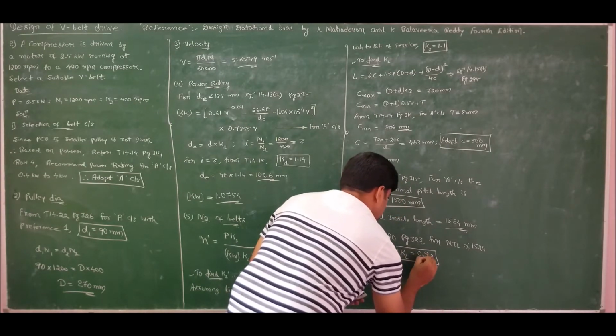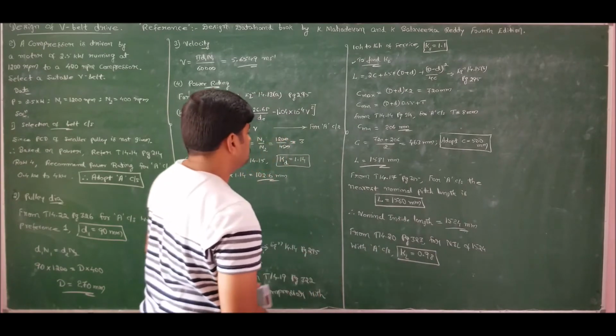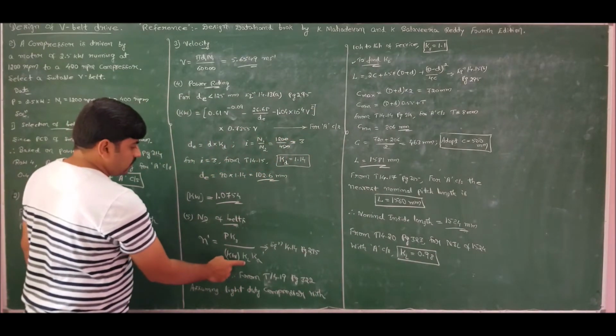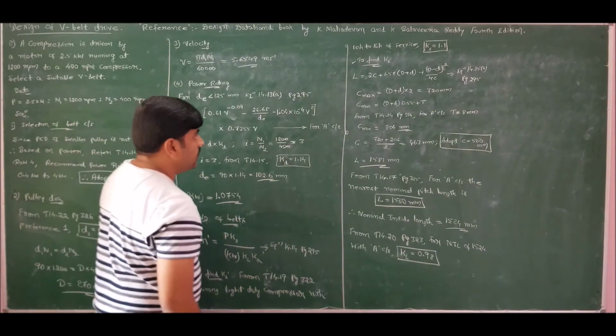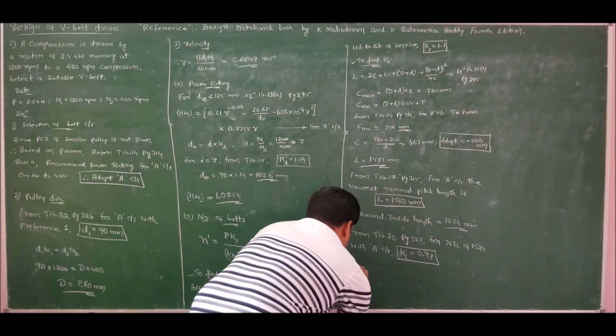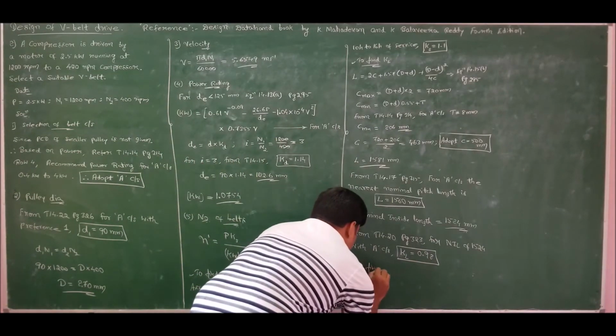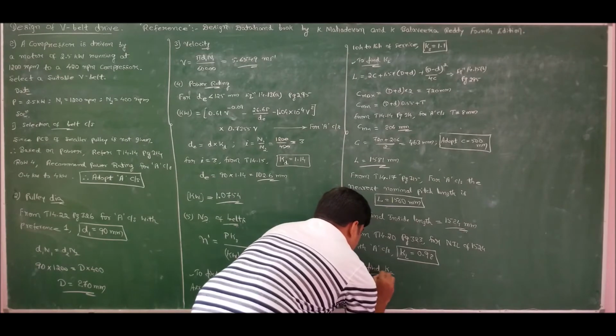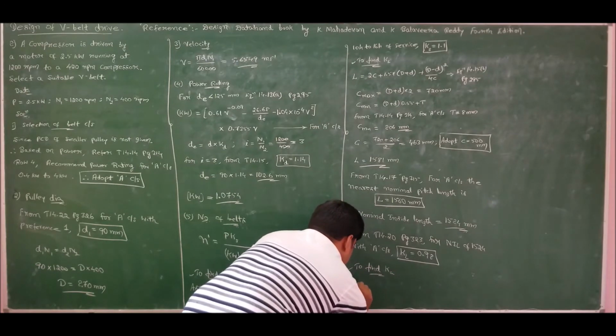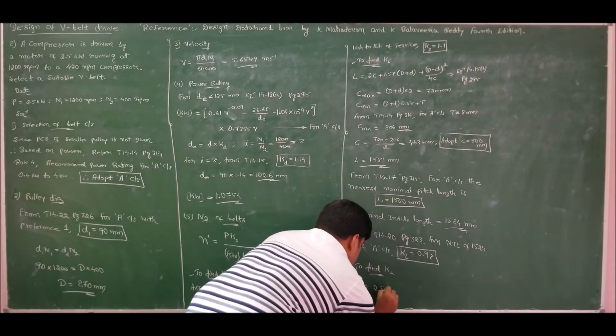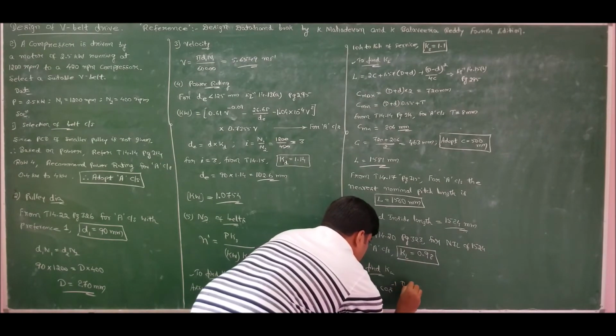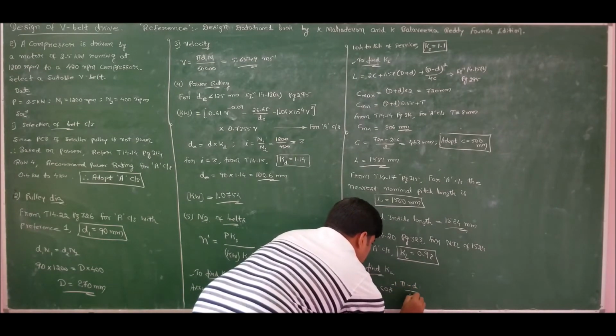So we have calculated the value of KL also. We have calculated Ks, we have calculated KL. Now I should find the value of Ka. Now to find the factor based on angle, we know that theta is equal to 2 times cos inverse of (D minus d) by 2C.